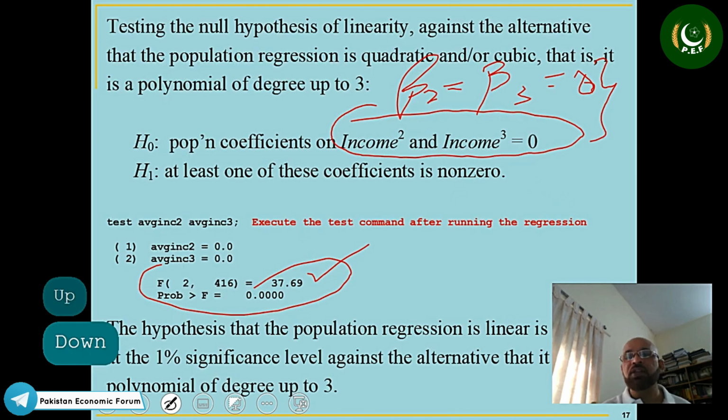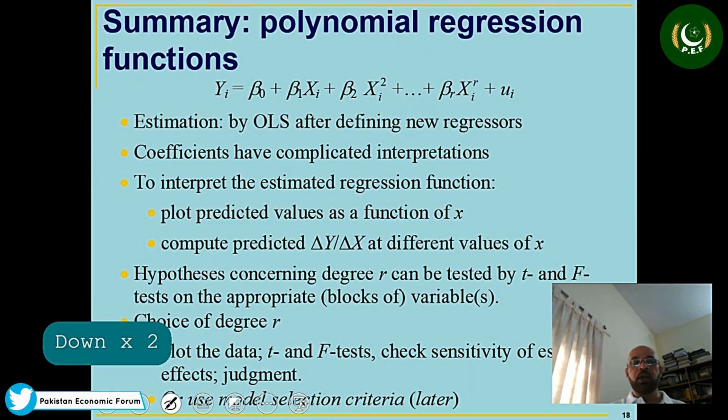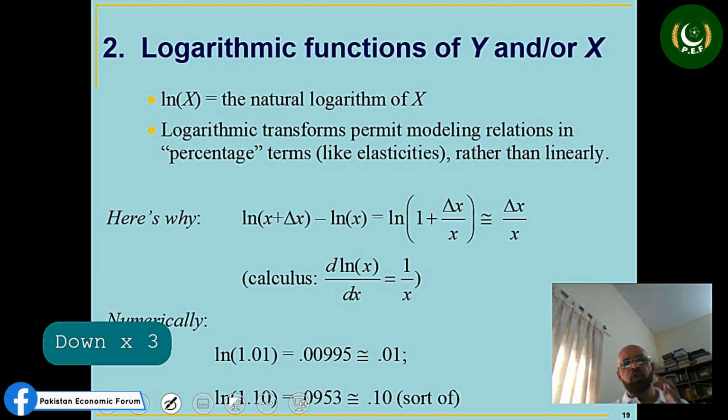That the null hypothesis, that these restrictions equal to 0, is rejected. So it means linear is not a preferable choice. We should have either income quadratic or cubic, and the rest of the things are as usual: t-F, standard inference, confidence interval.